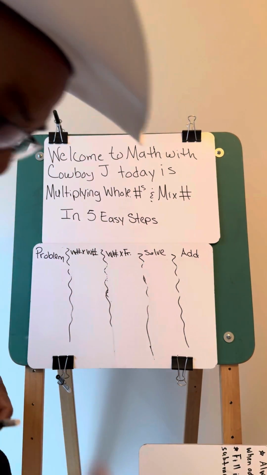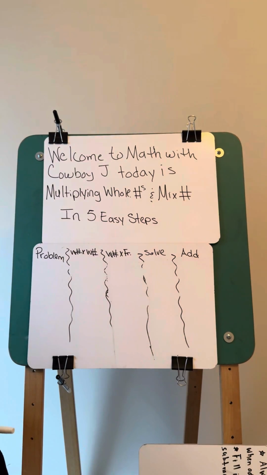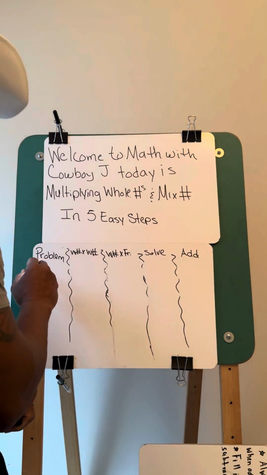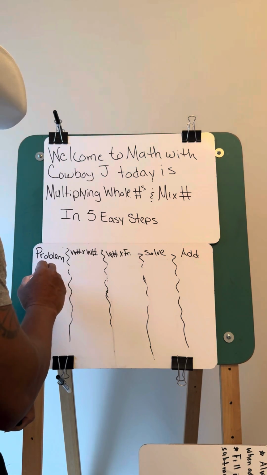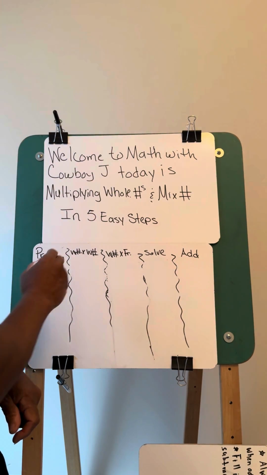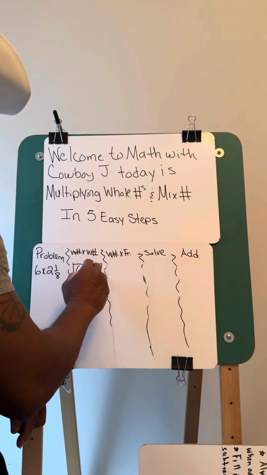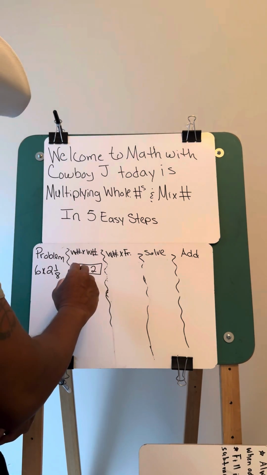Our last one is going to be 6 times 2 and 1/8. So again, my whole numbers. If you said 6 times 2, you would be correct.